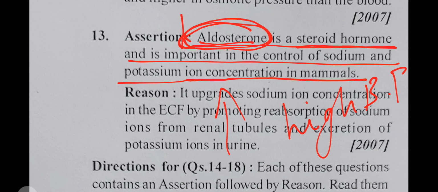Because when there is an increase in aldosterone, that will lead to more absorption of sodium, as its main function is to regulate sodium and potassium. When hypersecretion of aldosterone happens, sodium will be absorbed more and more into the blood, and that leads to an increase in blood pressure and also an increase in blood volume.